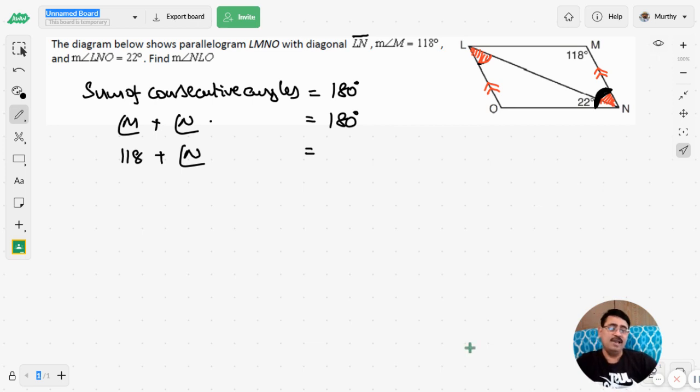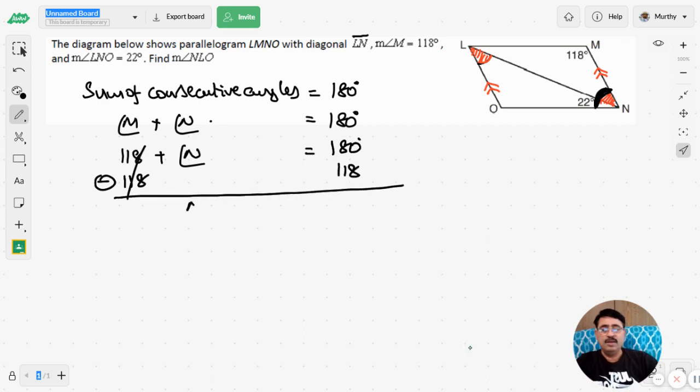Let's find the value of N. So 180, now simple algebra, take away 118. Measure of N equals, was it 62? Yes, 62 degrees. So measure of angle N equals 62.